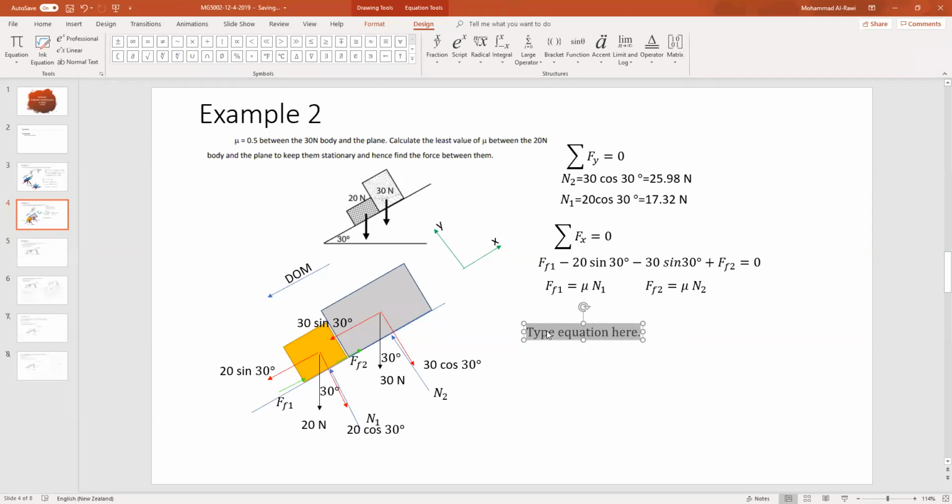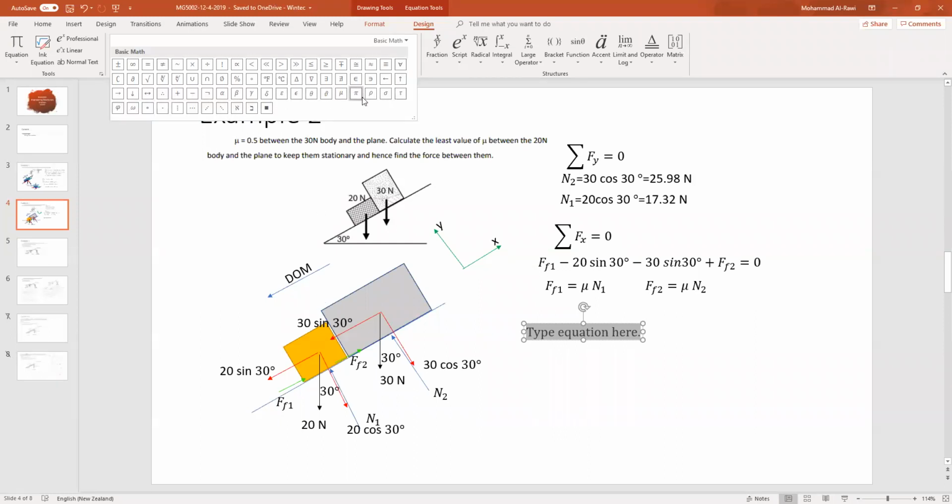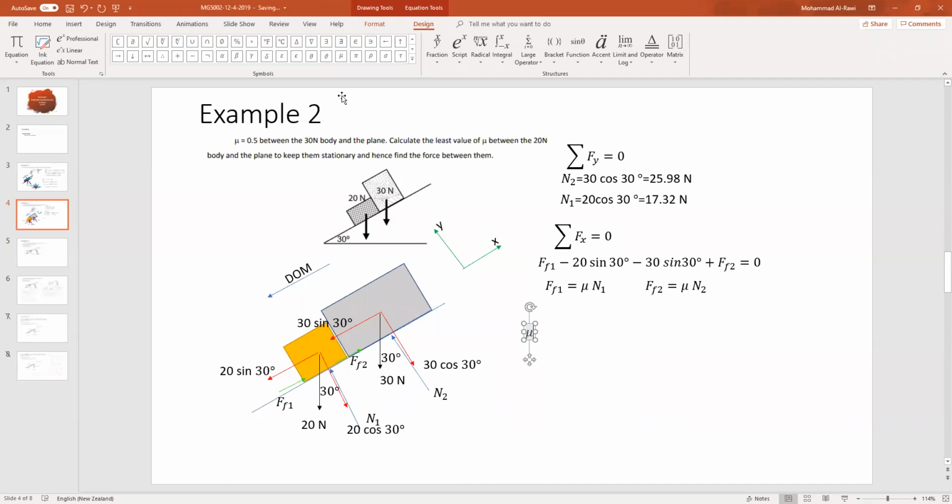Right. So the first value, F1. What's the mu? Here, mu for the 20 newtons is unknown, so I will keep it as unknown. Actually, we want to calculate that. So mu times, what's the value for N1? It's 17.32, with brackets to avoid any confusion, minus 20 sine 30 degrees, put the angle, minus 30 sine 30 degrees, put the angle as well, and plus, I need to replace F2 with mu N. What's the mu?